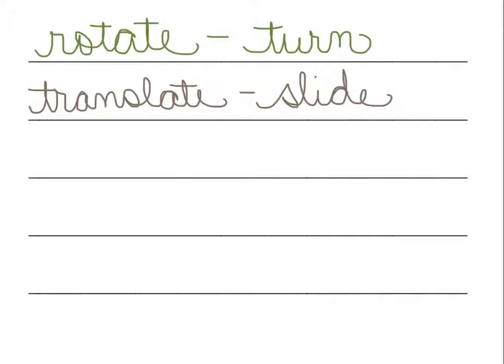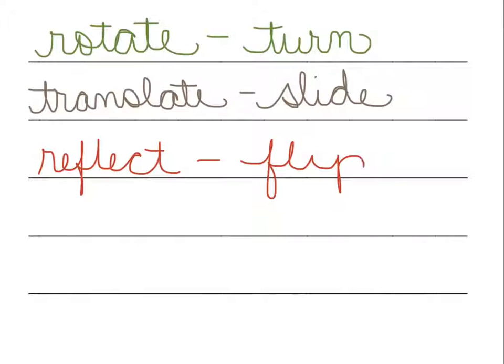And our last one is reflect, which is going to mean flip. So, rotate, turn, translate, slide, reflect, flip. Here's a little something I want you to mark in each one to help you. Rotate, circle your T. Translate, circle your SL for your slide.